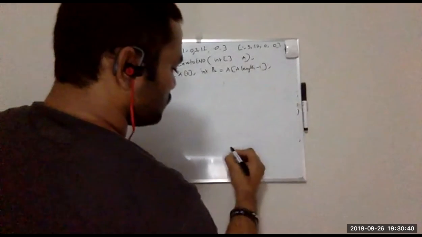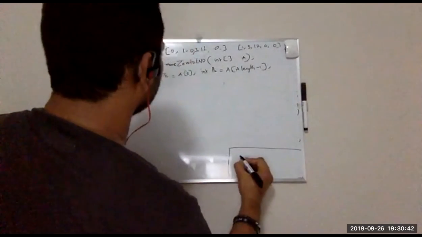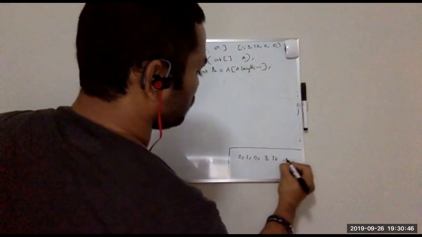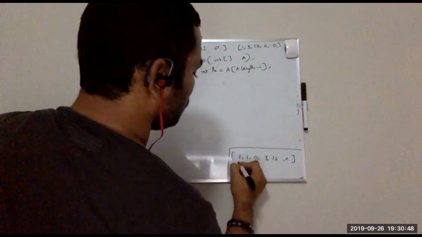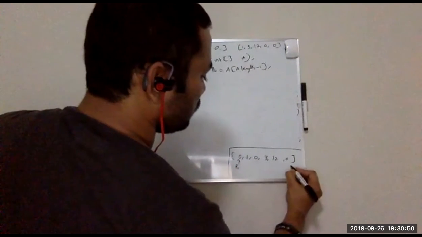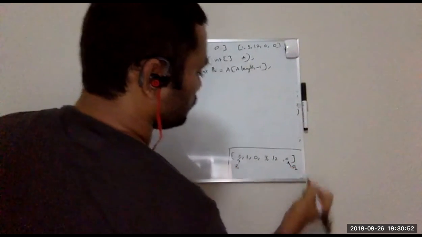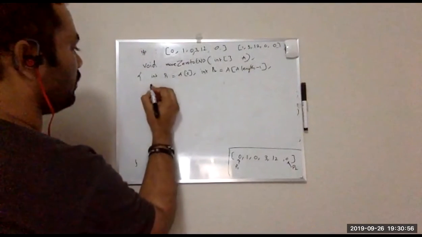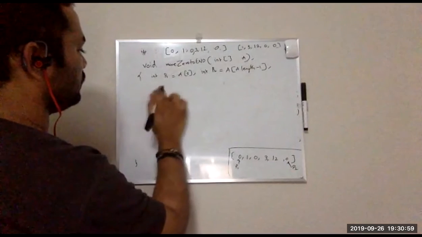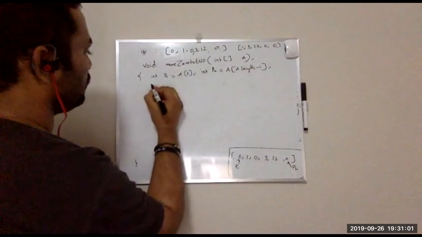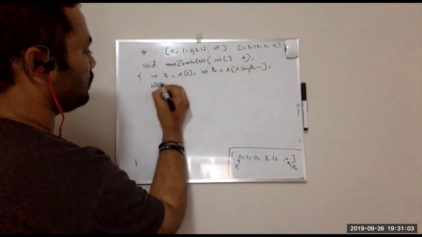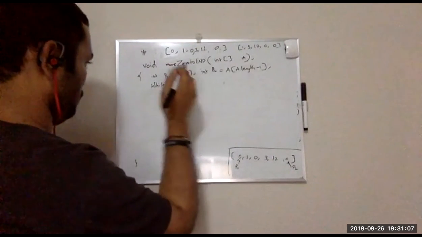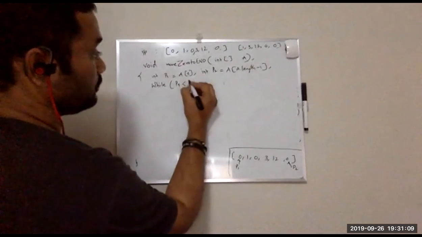So I'll have this output array, say for example 0, 1, 0, 3, 12, 0. This is P1, this is P2. Now I'll do a while loop while P1 is less than P2.